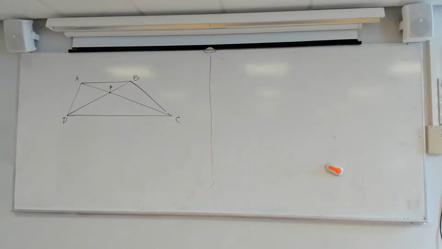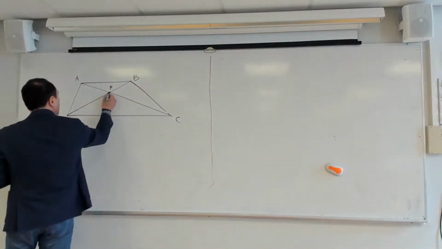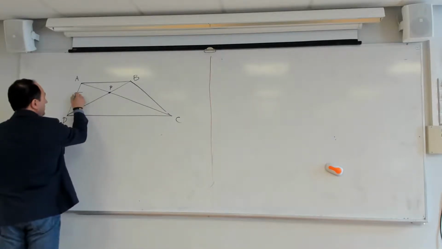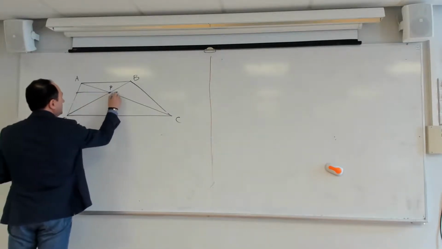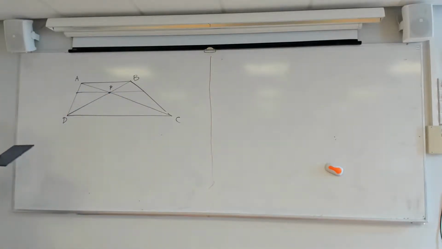They are saying that from P, we draw a line which is parallel to AB. So let me change my color. We draw a line from P, which is parallel to AB. So automatically it also becomes parallel to CD.